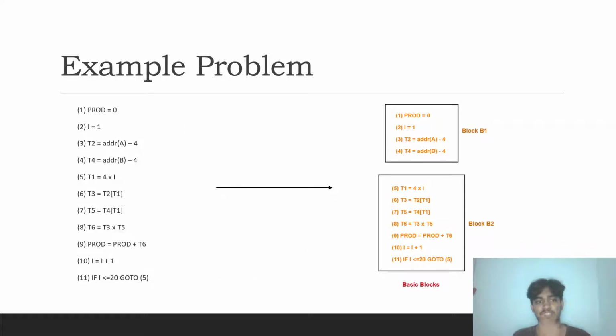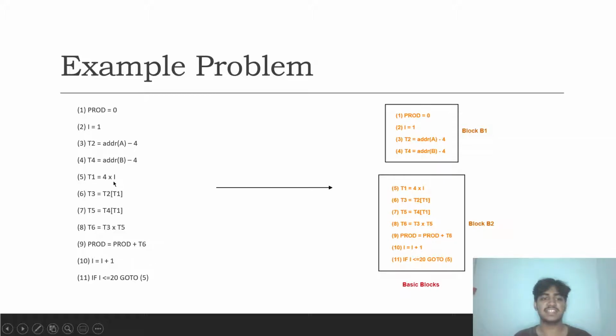So let's look at an example problem right here. On our left we have our code, and we have to convert this code to basic blocks. As I said, the first line is always a leader statement. Starting from line 1, we keep looking: 1, 2, 3, 4, 5, 6, 7, 8, 9, 10. Notice how at line 11 it says if i less than or equal to 20 go to 5. This is a go to statement, and it is directing us to line 5, which is right here.